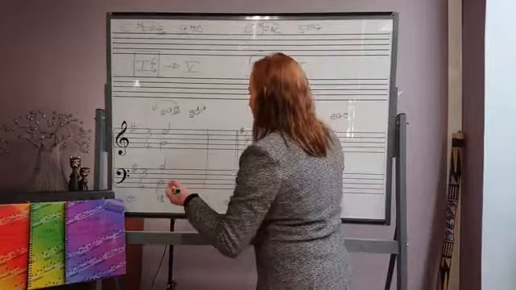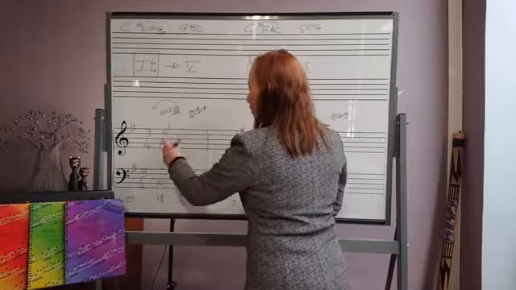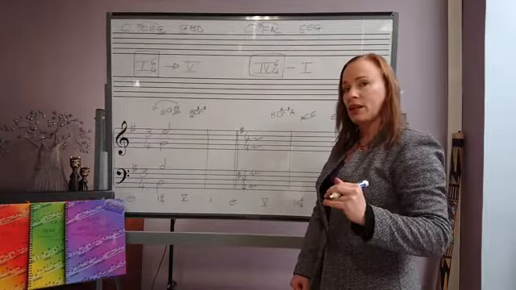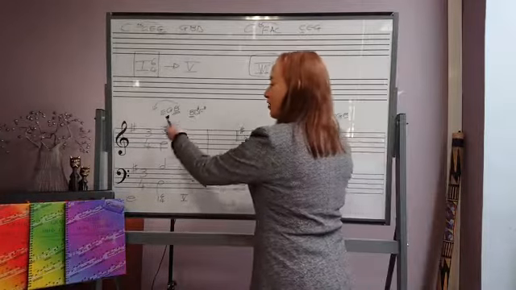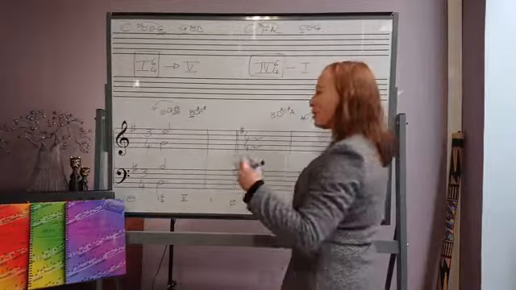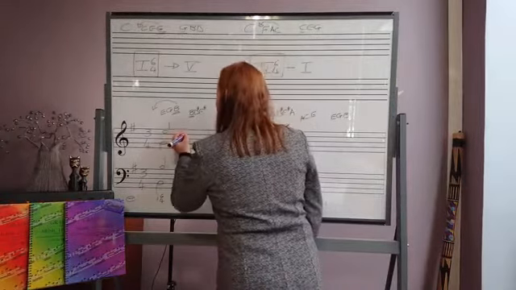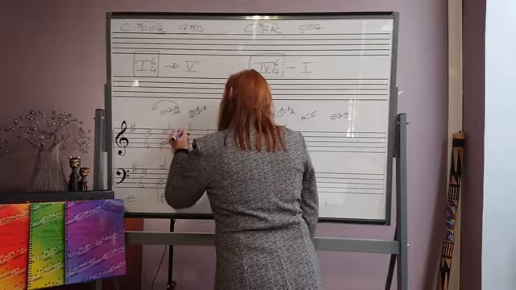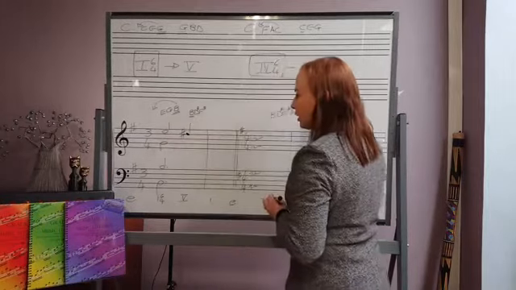Okay, so then I already have the two voices that stay on the same pitch, and then over here they're going to descend stepwise. So the E is going to move to a D. Because it's the raised leading tone, it's D sharp.